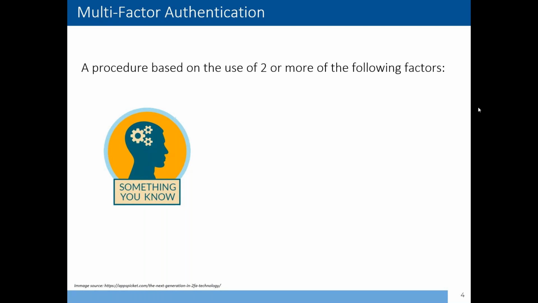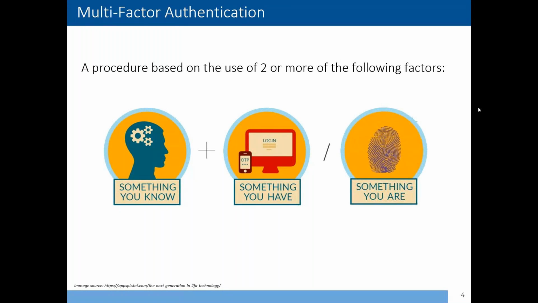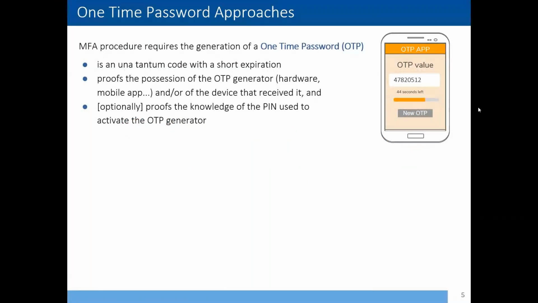For example, combining a password that a user knows with a smart card that a user has, or for example, a fingerprint that is something that the user is. A multi-factor authentication procedure requires the generation of a one-time password, that is an una tantum code with a short expiration that proves the possession of the OTP generator.